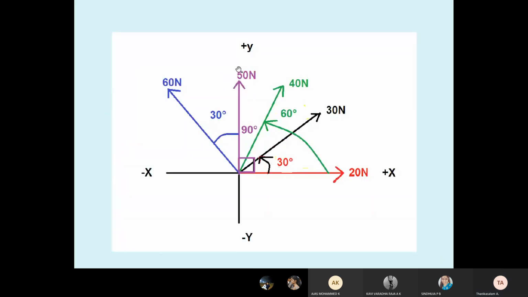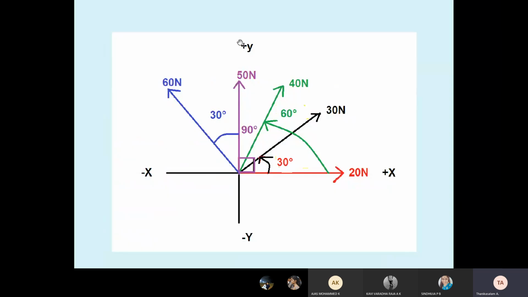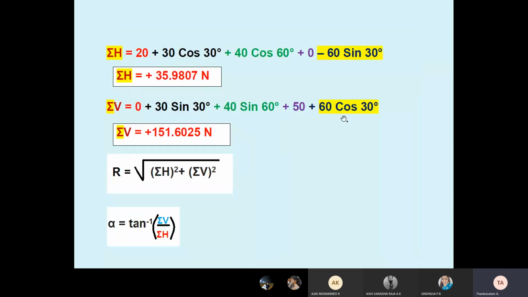The x component is minus 60 sin 30, because this is the second quadrant. Why did I put sin 30? Because theta is with respect to y only, but we are writing the x component. Similarly, the y component is plus, since in the second quadrant y is plus: plus 60 cos 30.